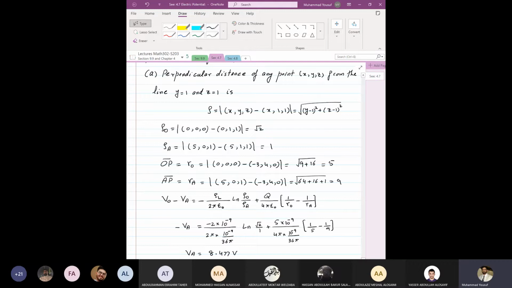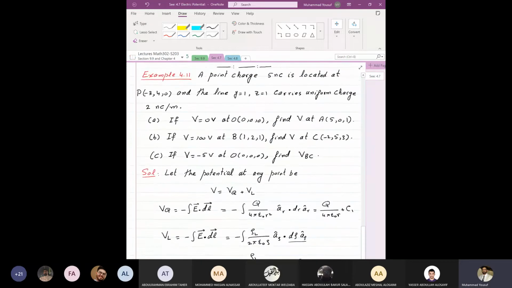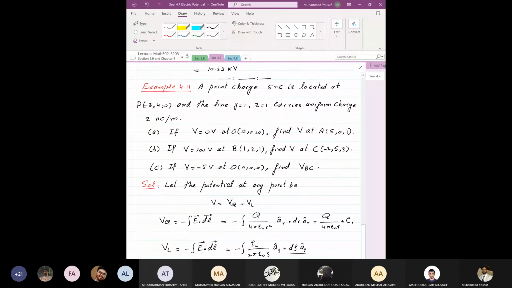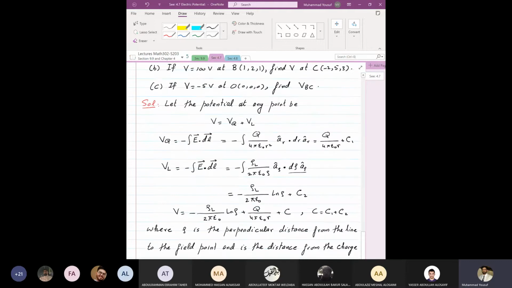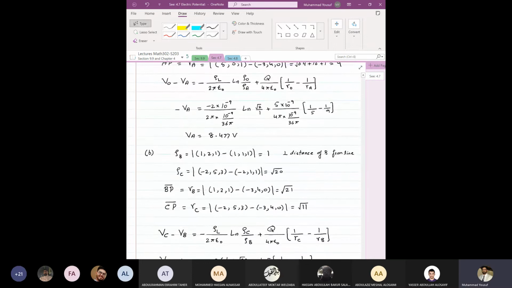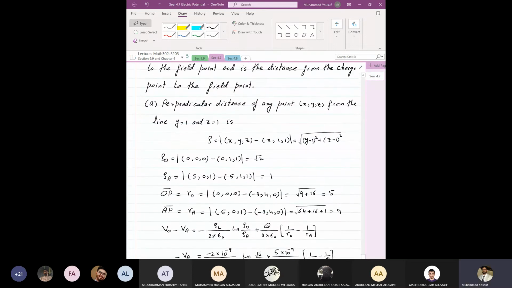Also, we need to find the distance between points, since we are going to find this potential, and since there is a point charge located at negative 3, 4, 0, I call it P. So the distance between P and A is calculated here.